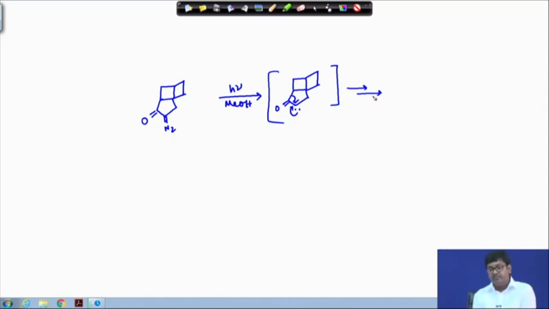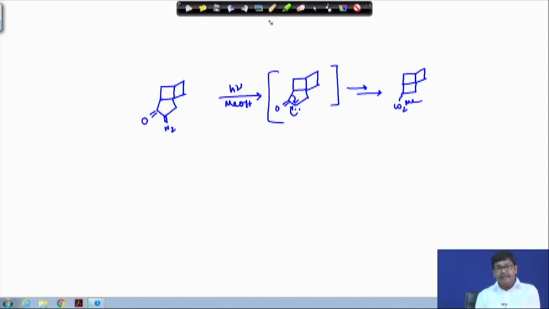Once that is generated, the methanol will attack it, and finally the product will be formed. Again here we started with a 5 member ring. Now ring contraction will happen and we will get the 4 member ring. This is a very interesting product because there are three 4 member rings fused, with an ester moiety. So, we started with 4-4-5, but we came to 4-4-4.